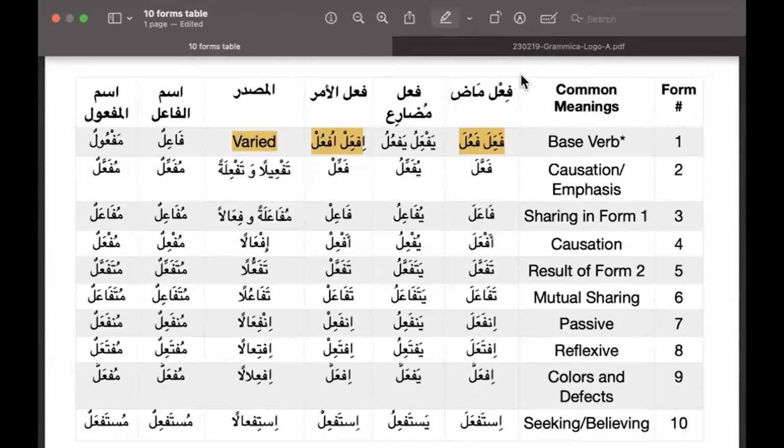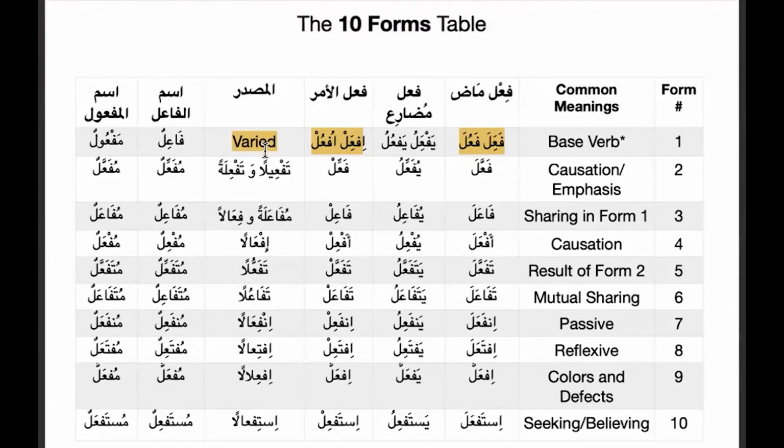Now, I'm not going to say it's impossible, because the grammarians have given some indications that you can figure out a masdar based on its pattern and also what it means. So you have to know what the verb means. I'll give you an example. This is studied not at the early stages but at the later stages.